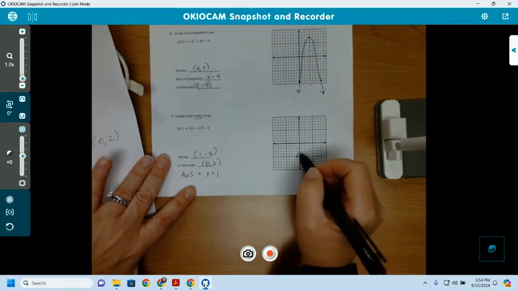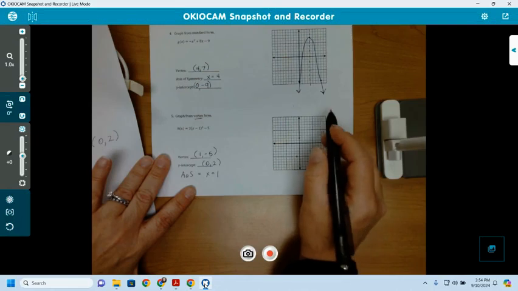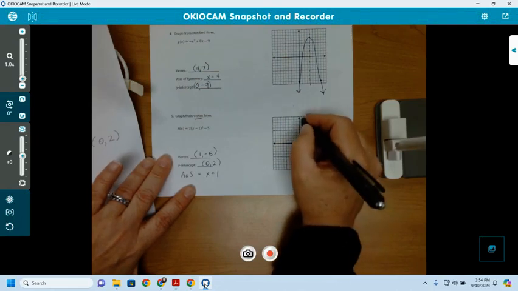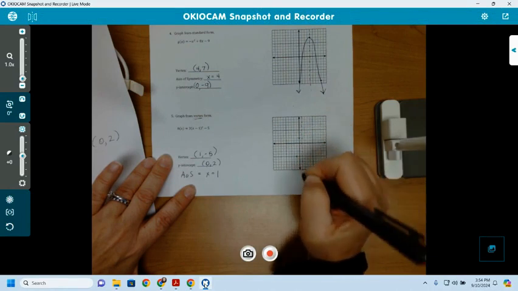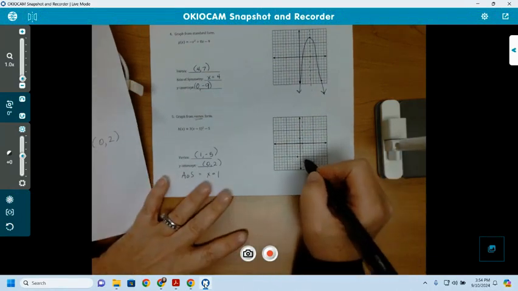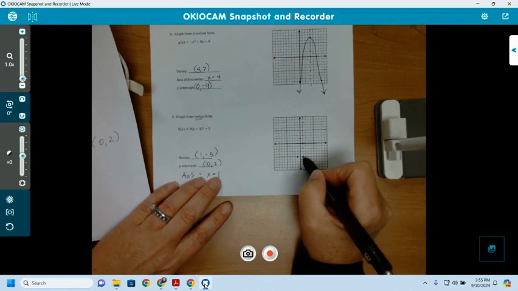The y-intercept is 0, -2. Axis of symmetry is 1. The vertex is 1, -5. The y-intercept is 0, -2.